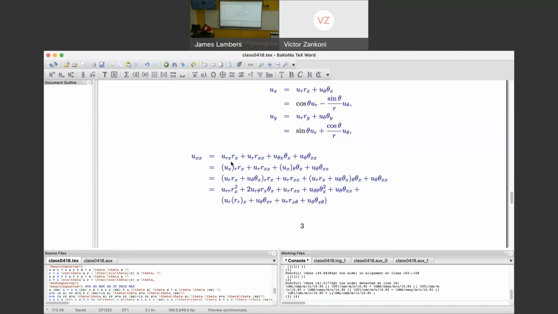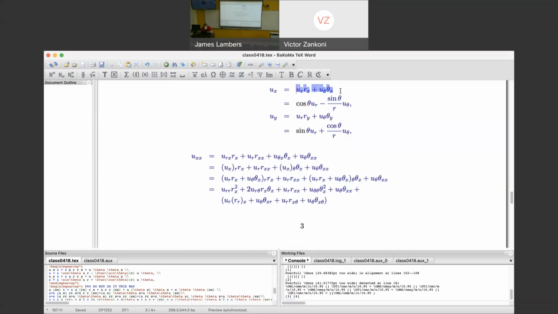Then, all I've done from this step to the next one is just change the differentiation. So u_rx can be written as du_x/dr, that is, the derivative of u_x with respect to r. Here, u_θx can be written as the derivative of u_x with respect to θ. And the reason for that is I have formulas for u_x already.